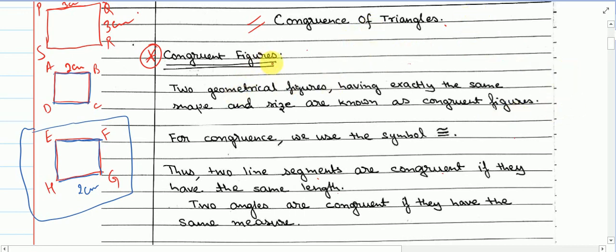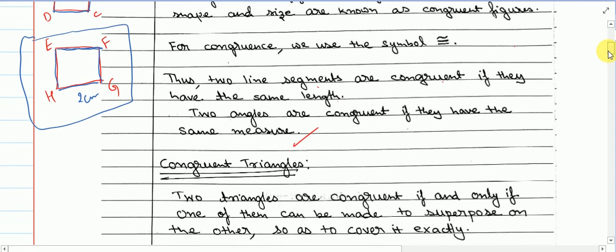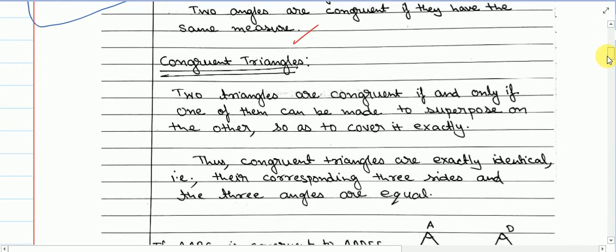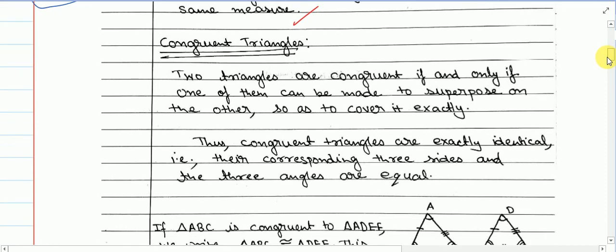So you will write down till here, and then you will write this: congruent triangles.